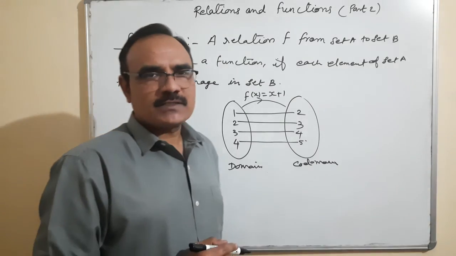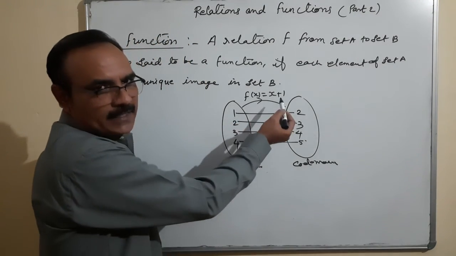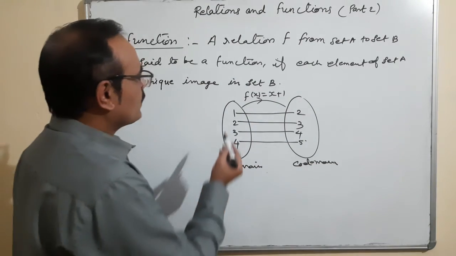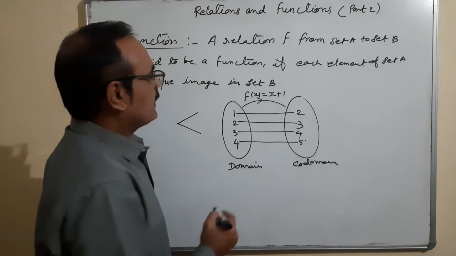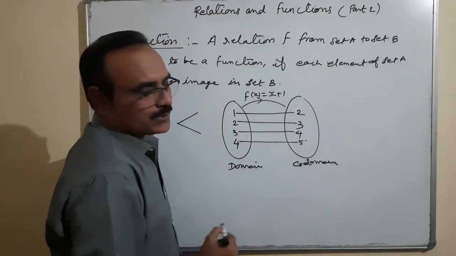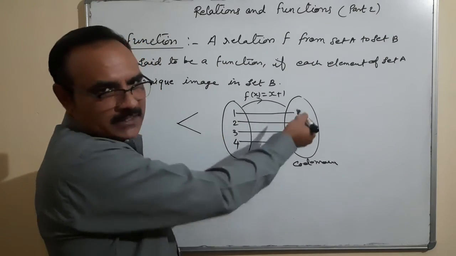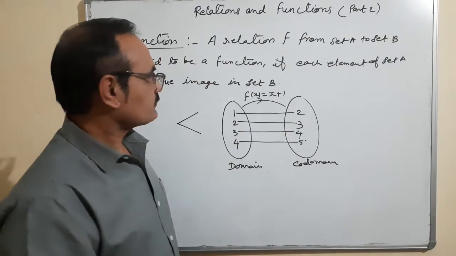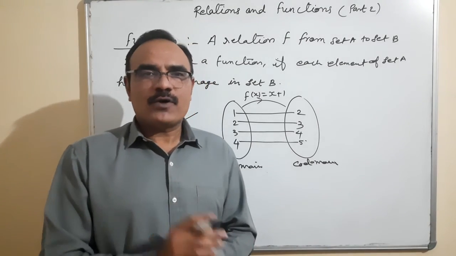Okay. So in a function, it may be possible that one or more elements have a single image, but it is not possible that one element has more than one image like this. This condition will never be possible. This is possible: 2 or 3 elements having a single image is possible. So this is the function. It's a very, very important topic.